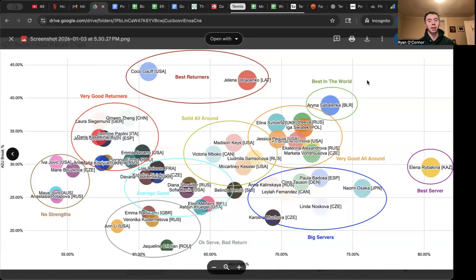And yeah, if they really want to start competing for titles on a more consistent basis, and I know Paolini and Zhang do, but a lot of that, they beat up a little bit more on the lower ranked players, and the percentages change a bit more as they play top players. And I know Zhang was injured, so that might affect some of her sample. And Paolini's very good.